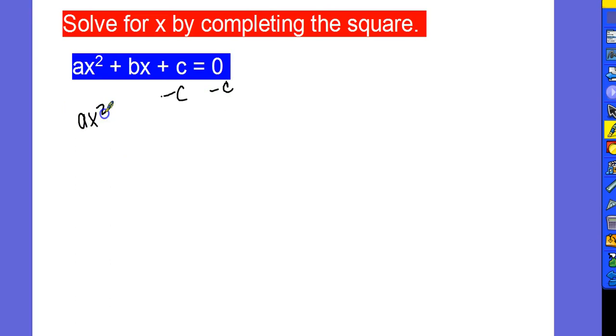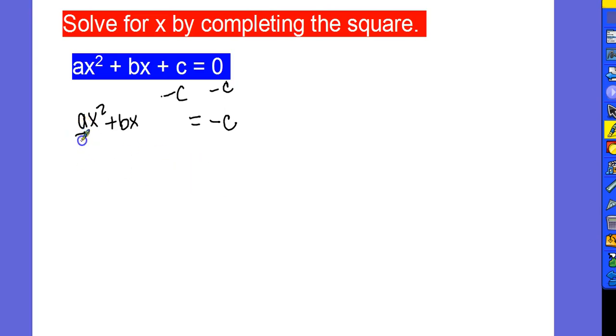So we have ax squared plus bx, of course leaving open a space for completing the square, equals negative c. And I would suggest you write kind of small, because as you were working through bell work, you found it was a pretty long process, right? A number of steps.